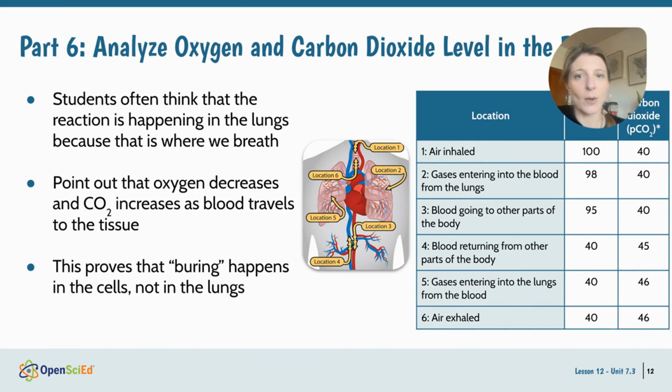And try asking the question, if the blood was doing the burning, why is the oxygen still high at 95 at location 3? This proves that the blood is just the delivery system, and the burning happens once the fuel reaches the cells.